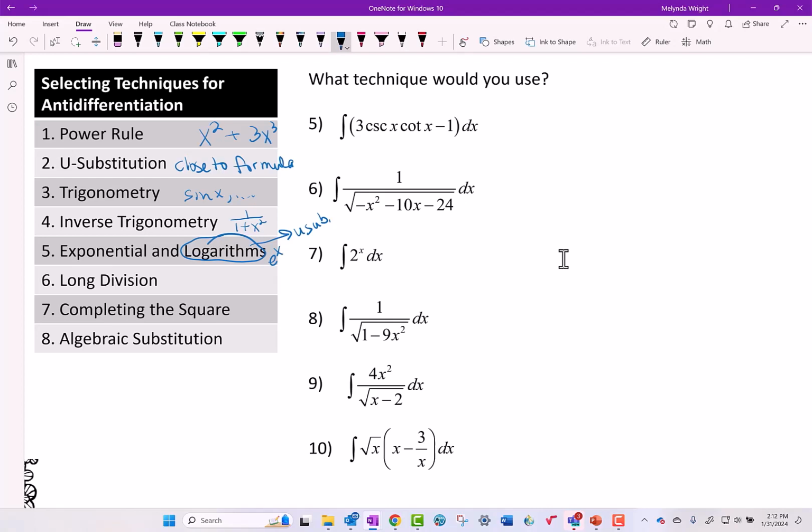Sorry. Long division. When do we do long division? When we have an improper rational. That's when we do long division. When do we do completing the square?